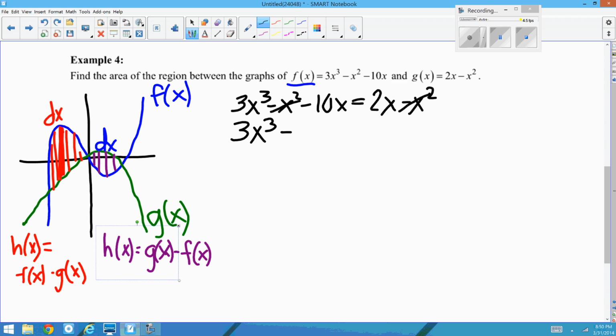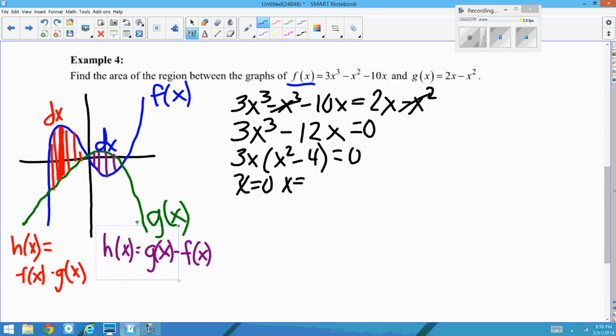I get minus 10x minus 2x, so minus 12x. Factor out a 3x, we get x squared minus 4 equals 0. The points of intersection are going to be x equals 0 and x equals plus or minus 2. So we have x equals negative 2, 0, and 2.